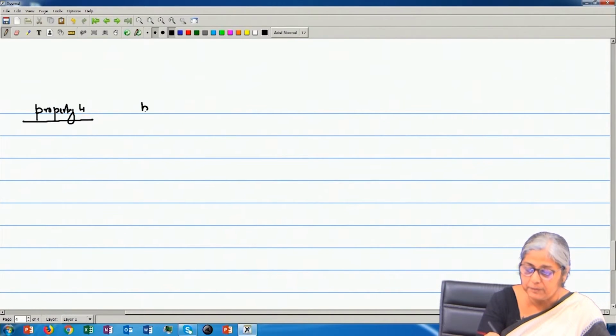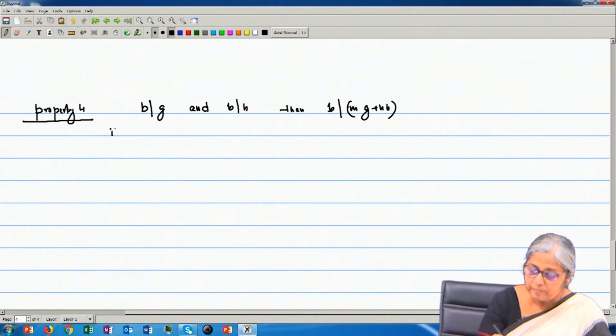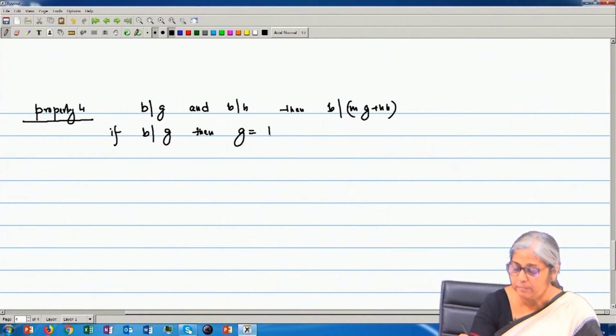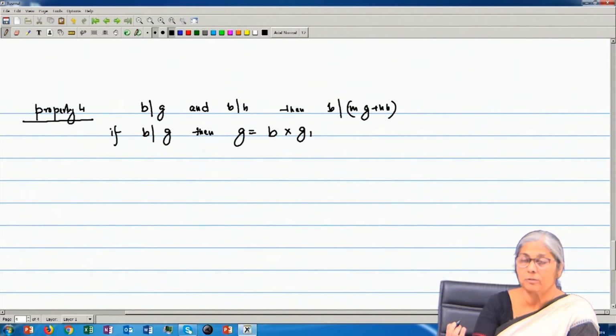It tells that if b divides g and b divides h, then b divides mg plus nh. If b divides g, that means we can write g equal to b into some g1, because it divides, so there is no remainder, only quotient.